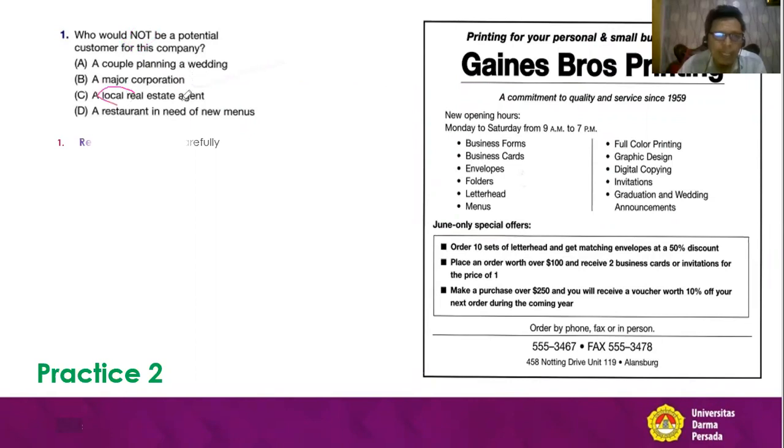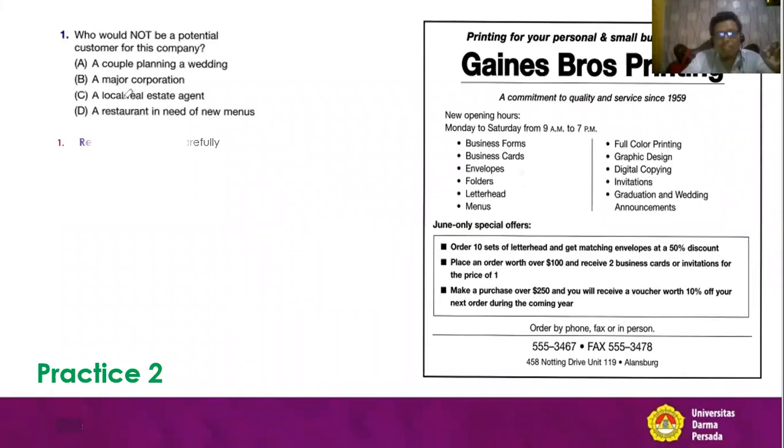Local real estate agent. Let's see. Do we have something about a real estate agency? Yeah. We have the word local, everybody. What does it mean by local? If you have in your mind the meaning of local, is it big or small? The answer is small. But if we talk about international, we are not talking about small business.